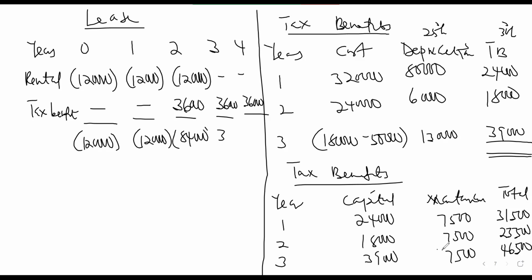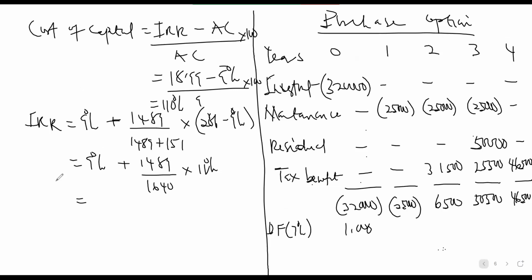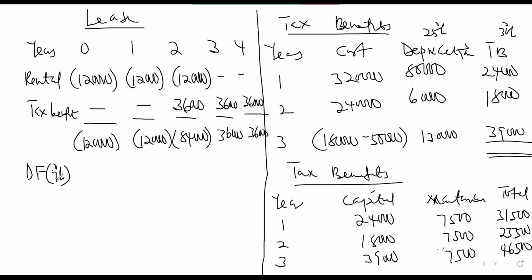Then there will be an outflow of 36,000 and 36,000. So you use your discount factor of 7% to discount them. Then you total the cost; it will be a net cost. See which of them is giving you the least cost. The one that gives you the least cost is the option that you'll be picking.